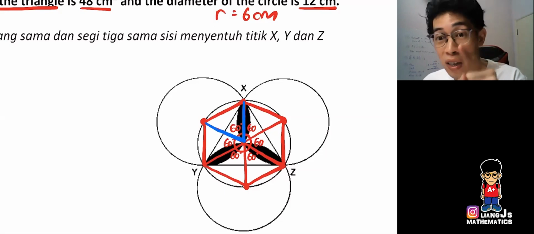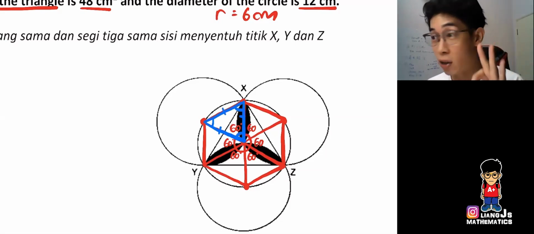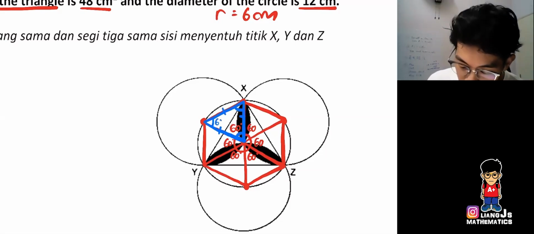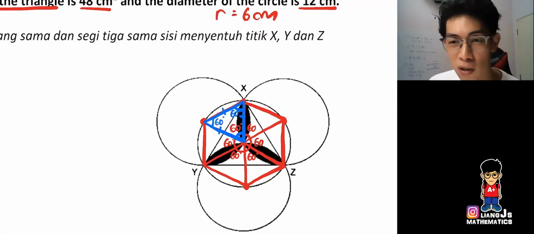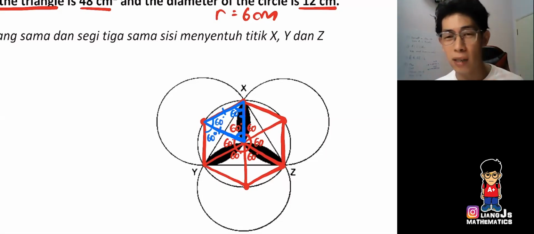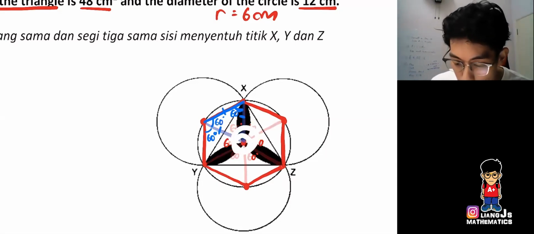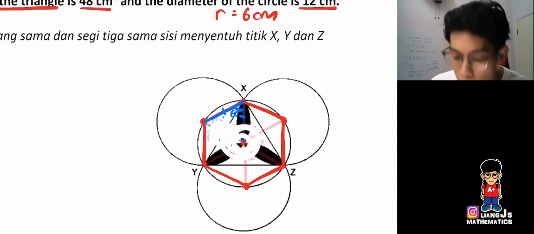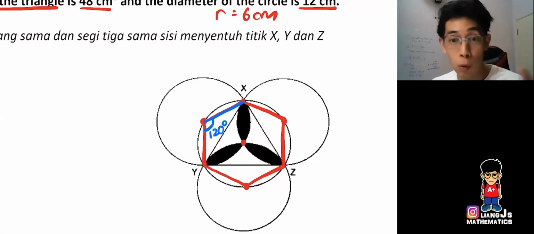But because of the 60 degrees in the middle, you notice that this is an equilateral triangle as well, and this will be 60 degrees and 60 degrees, as well as the rest of it, because of the hexagon. Since you know everything is 60 degrees, now I will erase the inner part, and you know this one part over here is 120, and the same applies to the rest of it.